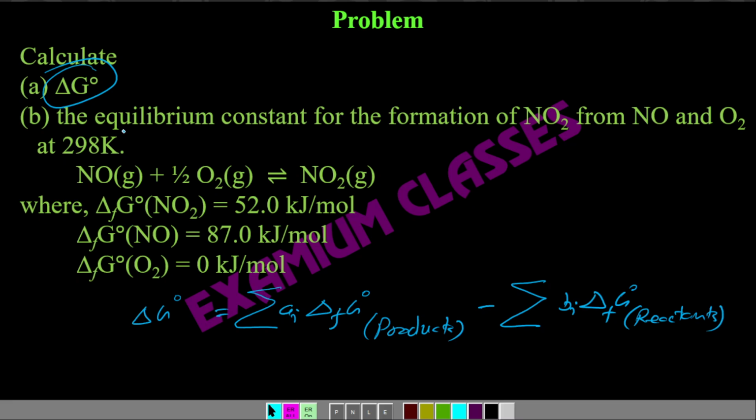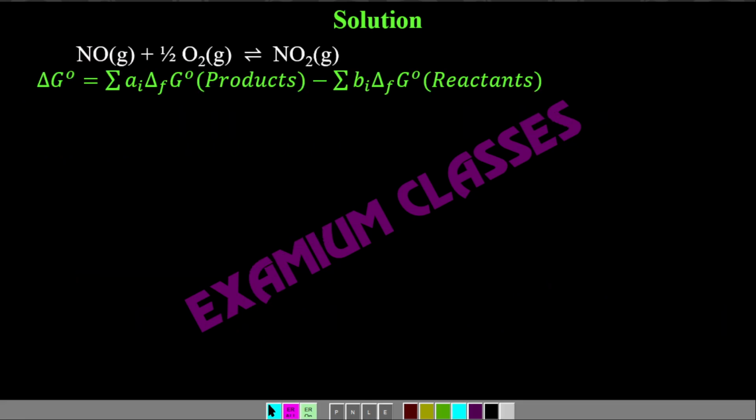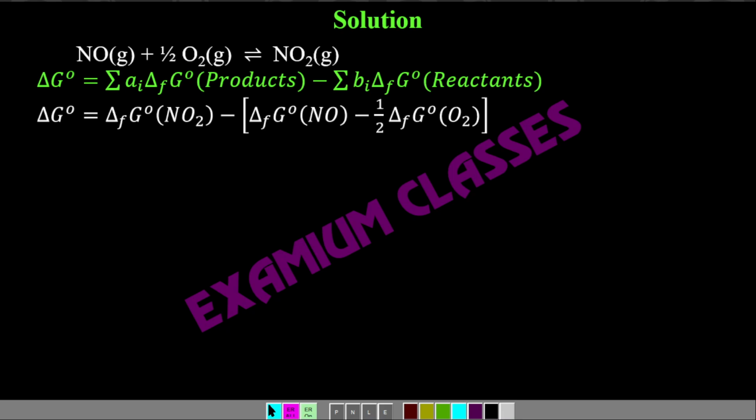So we will apply this formula to get the value of delta G naught. After that, we need to find the equilibrium constant of this reaction. If we have delta G naught, we can use the formula delta G naught equals minus 2.303 RT log K, if you remember that. First we will calculate delta G naught using this formula. Obviously remember to multiply by the stoichiometric coefficient.